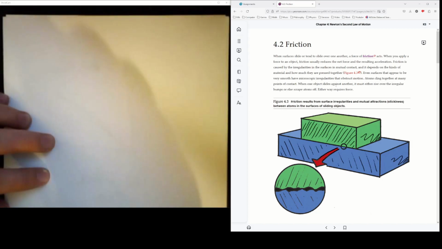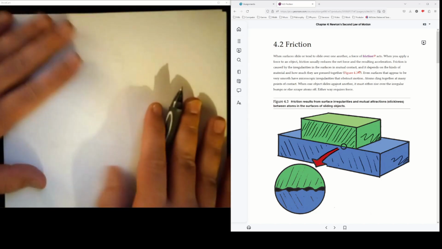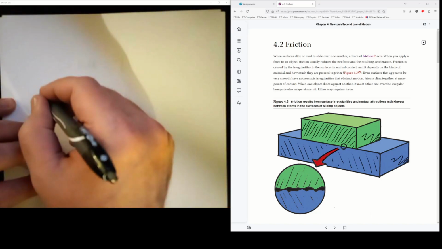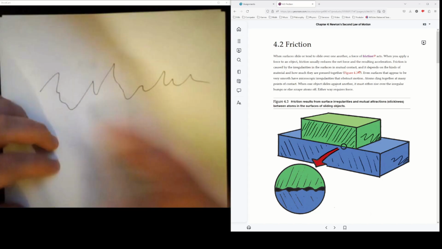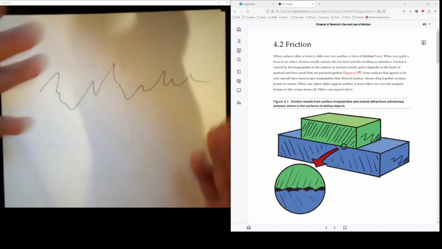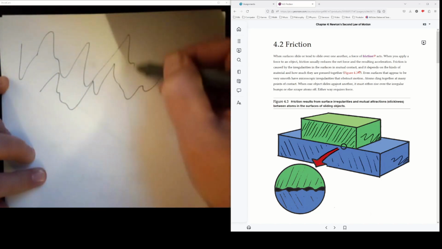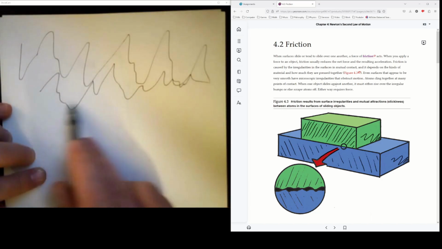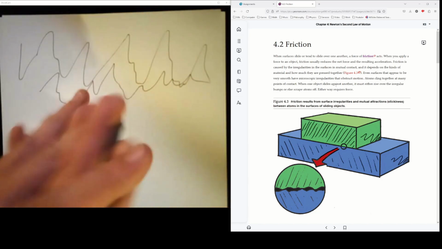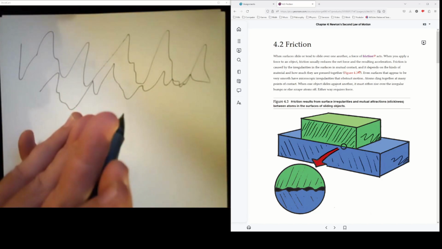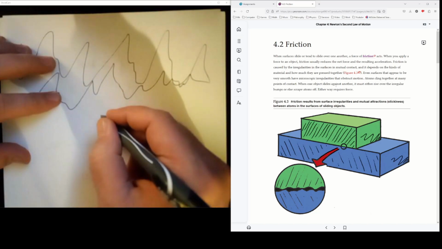But on the atomic level, all of this seems really smooth, but if we look at the atomic level, it's very jagged because it's not formed perfectly. And when you have two objects that are touching each other, you get this really jagged interface. And so things get locked together. And we call this initial force that you have to overcome static friction.